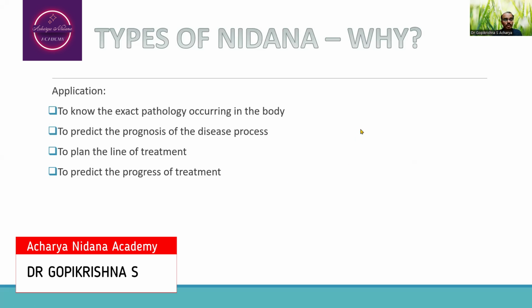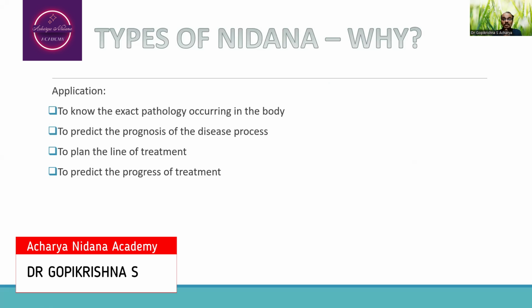So what do you mean by progress of the treatment? Suppose the person has 100 molecules of exposure to pathogens, and the treatment you are giving is responsible for the elimination of these pathogens through the anal or rectal route.